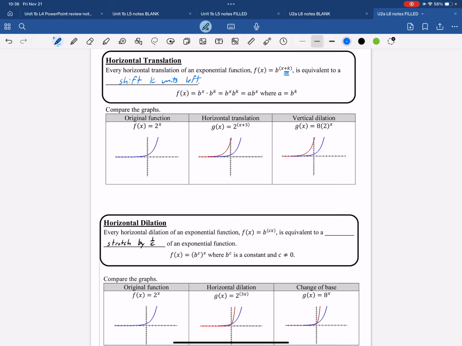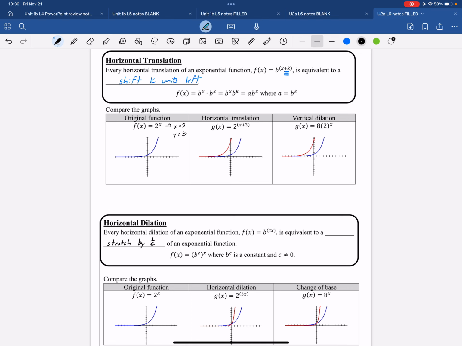If we look at this example below, we were starting with y equals 2 to the x. If we put a plus 3 next to the x, we can look at original points. The original value, let's pick, for example, 3. So on this original, when x is 3, we know that y is going to equal 8.